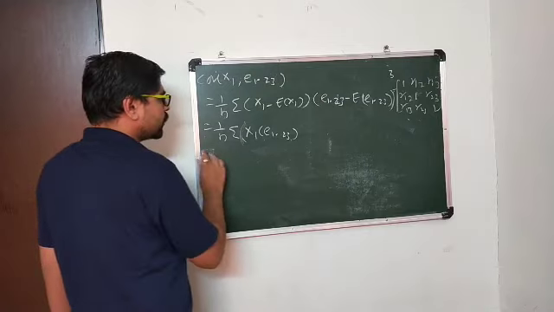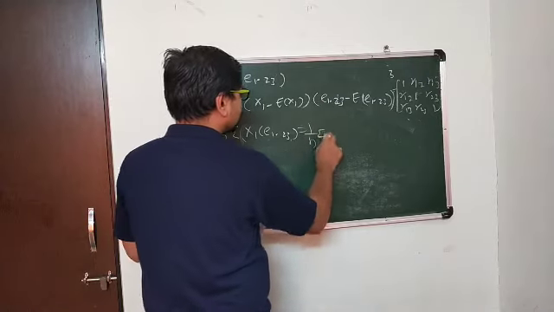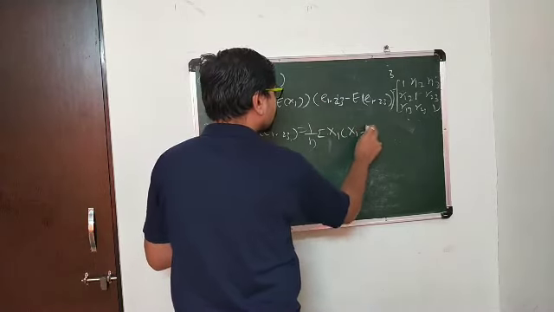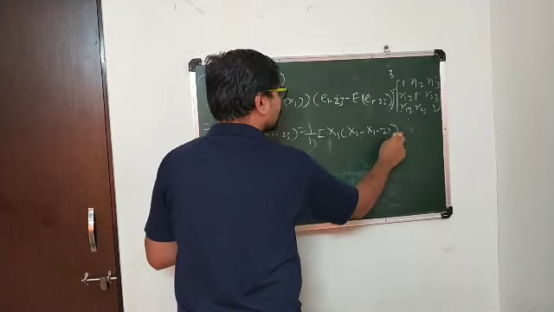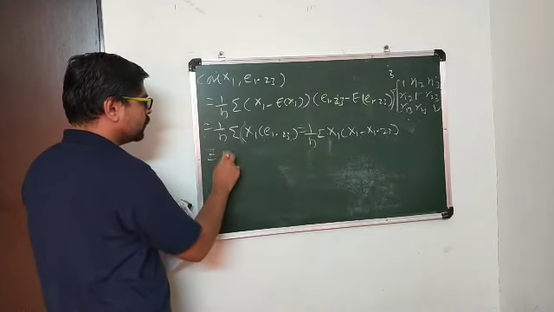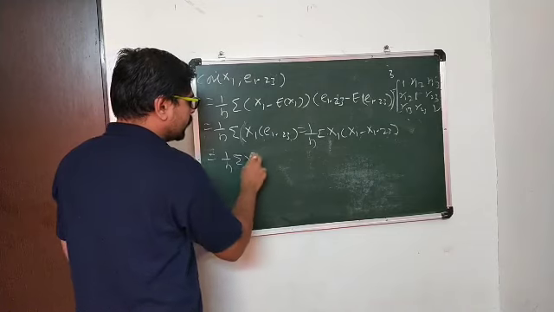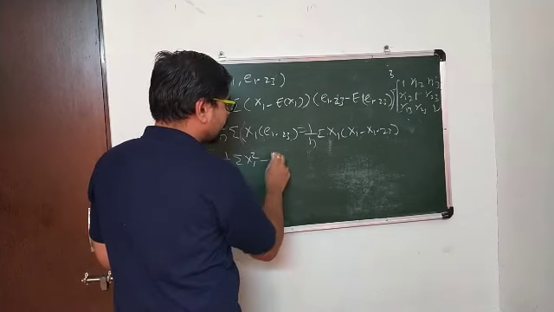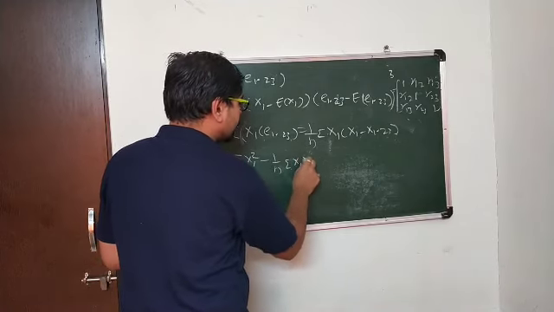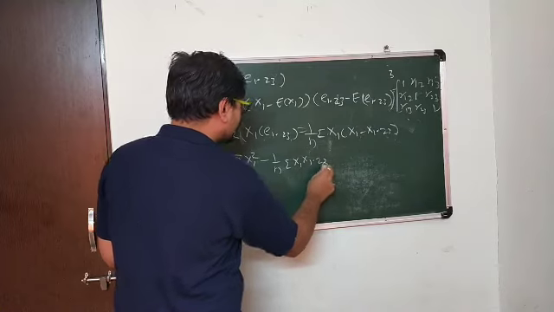So now what we have is 1 upon n summation x1 into x1 minus x1.23. So 1 upon n summation x1 squared minus 1 upon n summation x1 x1.23.